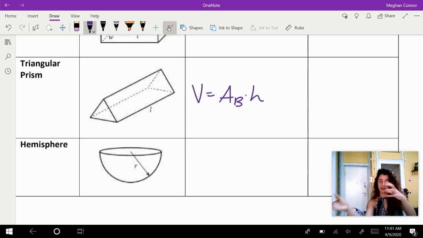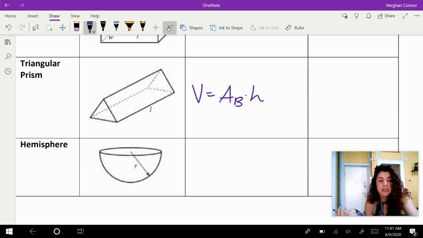I was about to take my coffee mug and do that, and I realized there's coffee in it, but here, right? The base of this guy is circles, but I can still lay it on its side and the base is still the circle. It's not this bottom piece that's laying down. So with cylinders and triangular prisms, the base is the shape that makes it this, right?